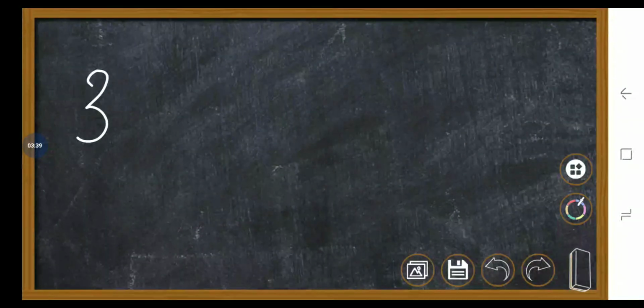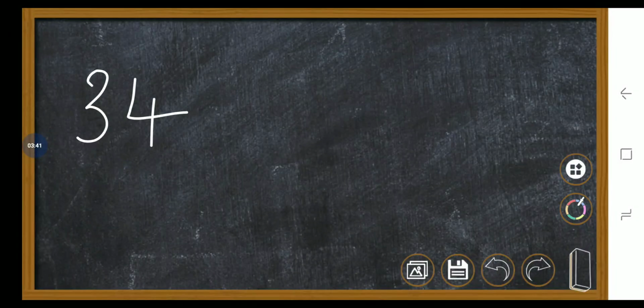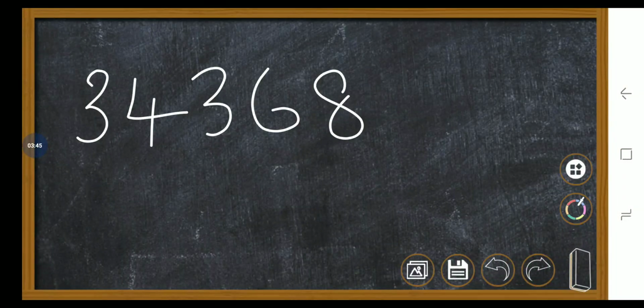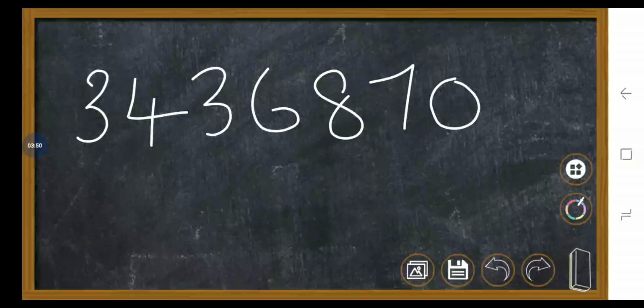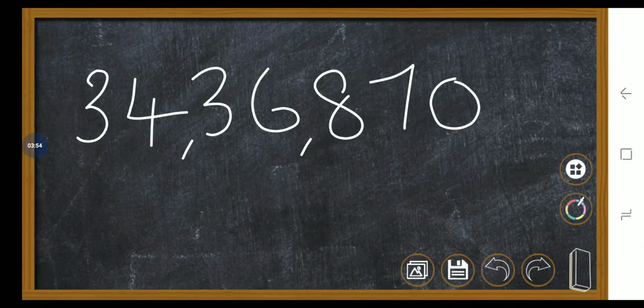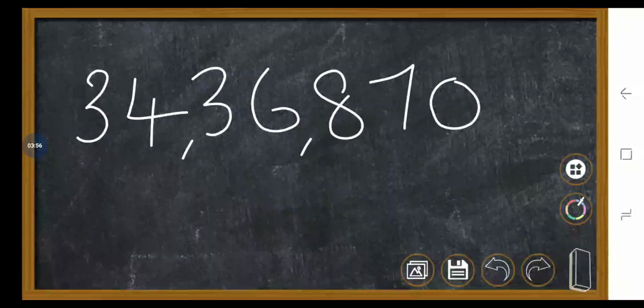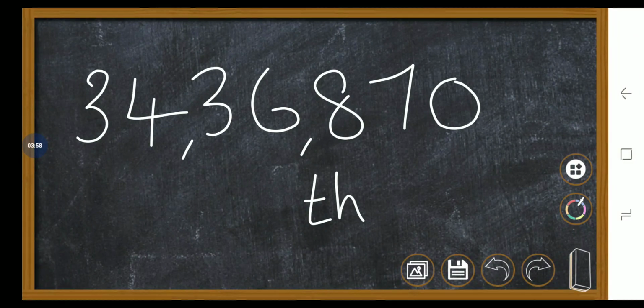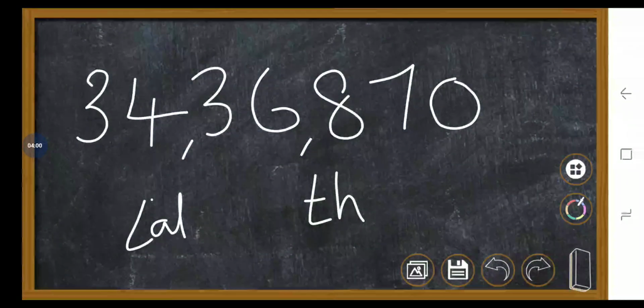Next, do you know how many people recovered from the disease? Let's see the number: 3436870. Start reading. Start from the right. 1, 2, 3, put a comma; 1, 2, put a comma. When you reach the first comma, say thousand. When you reach the second comma, say lakh.